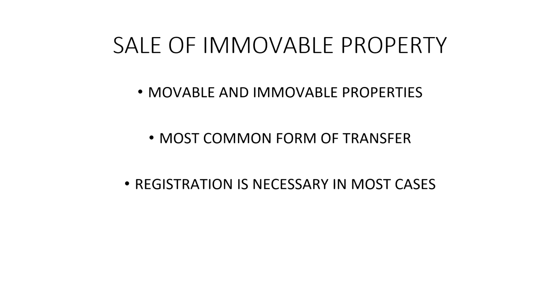So let's start a new chapter, a new module in the Transfer of Property Act, that is sale of immovable property. First of all, sale may be of immovable as well as movable property. But when we talk about the Transfer of Property Act, it mainly governs the transfer of immovable property, and within that we are going to see the sale of immovable property.